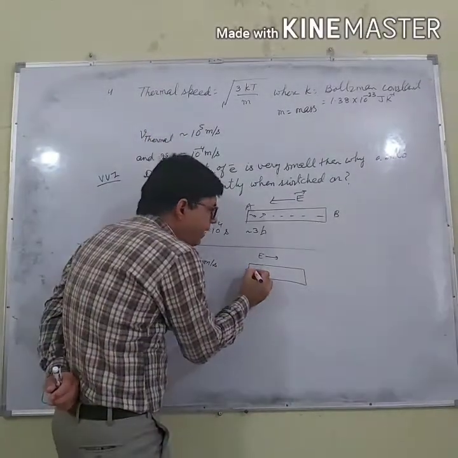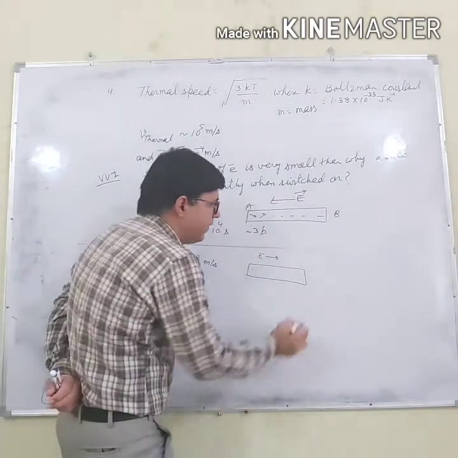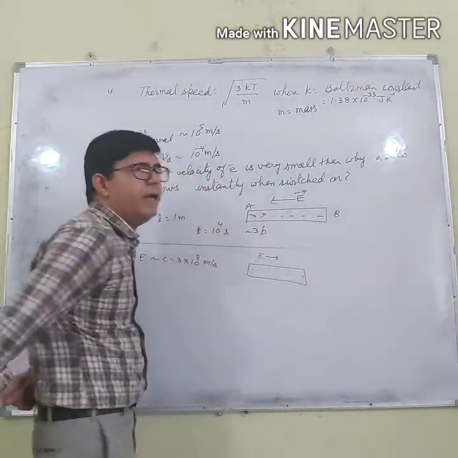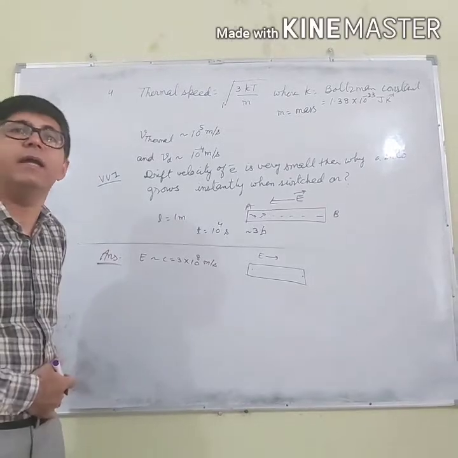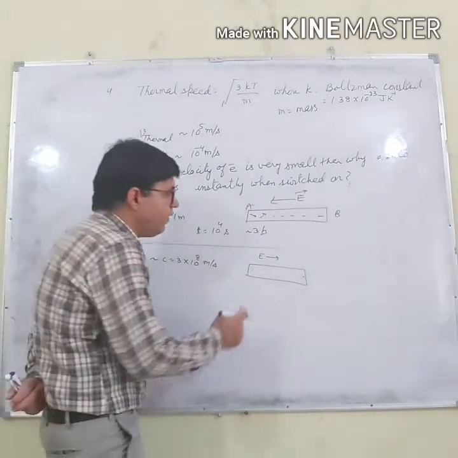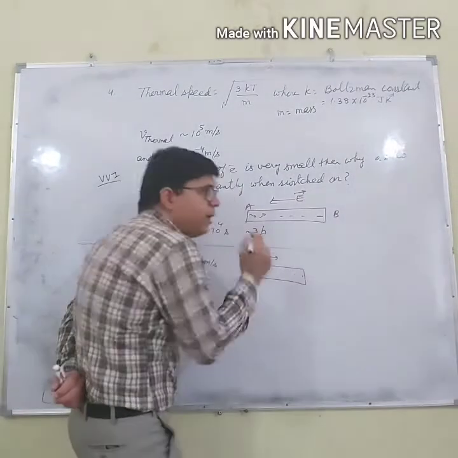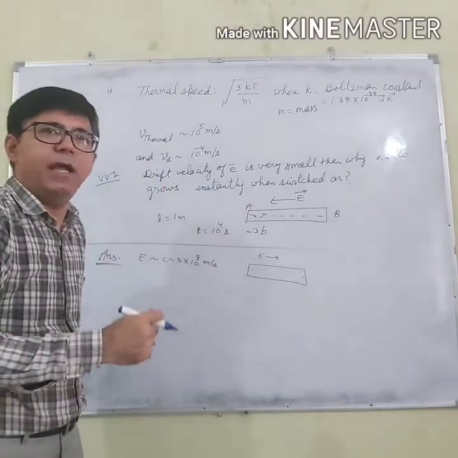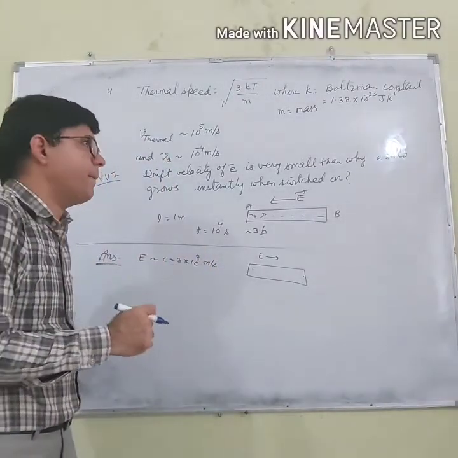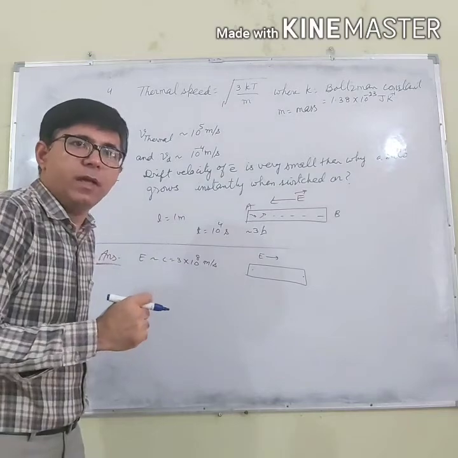If an electron is here, it will be drifted by this electric field, and if an electron is here, again it will be drifted by the electric field. So in this way, current is set up instantly as soon as we switch on the circuit.